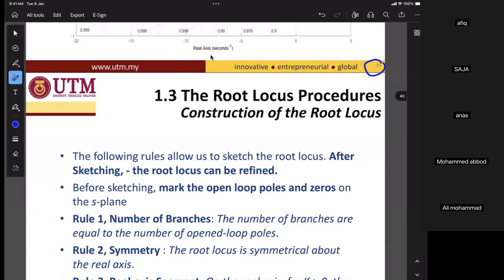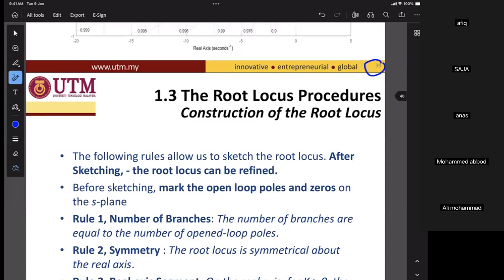Okay, wait, I generate the attendance. You launch it today after the class if you have time. Attendance for section 11.